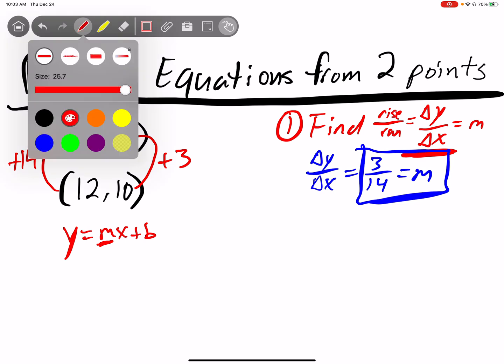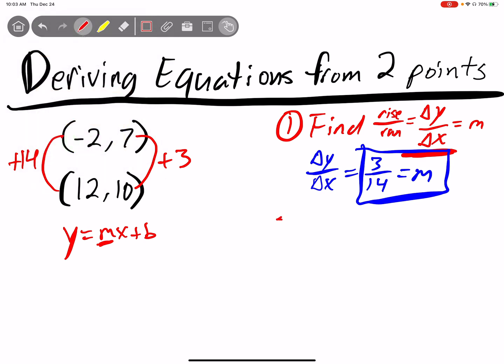Now the second thing we need to do is finding b. And you're going to find b by choosing a point.